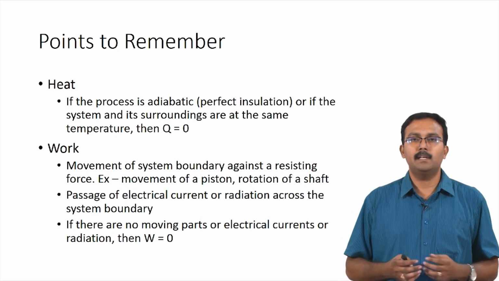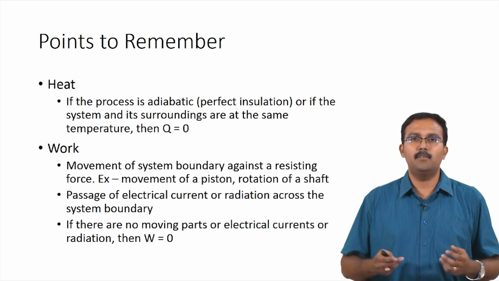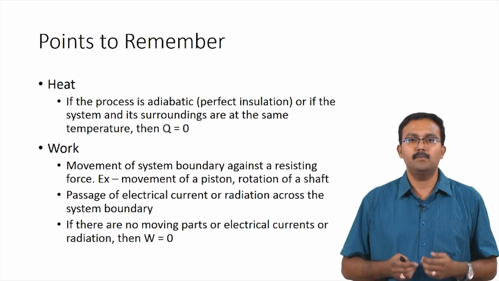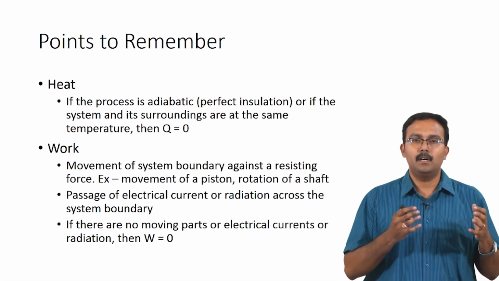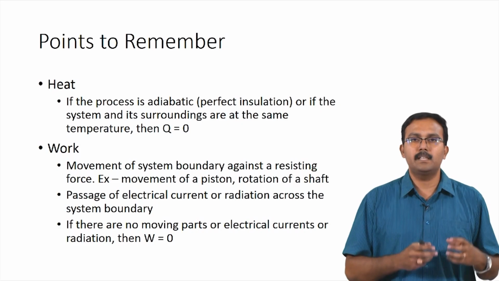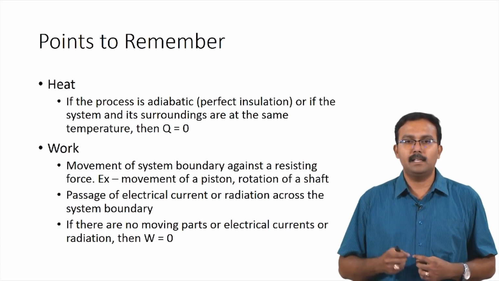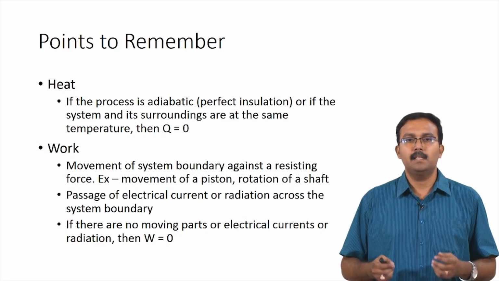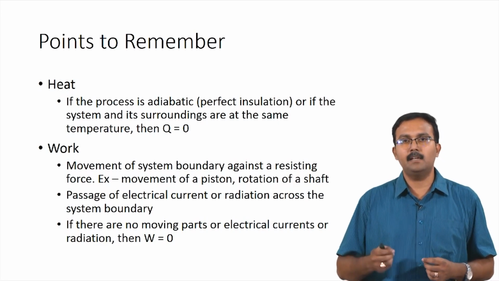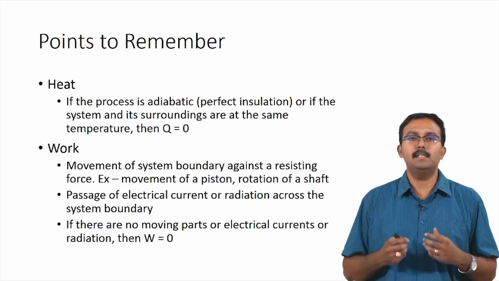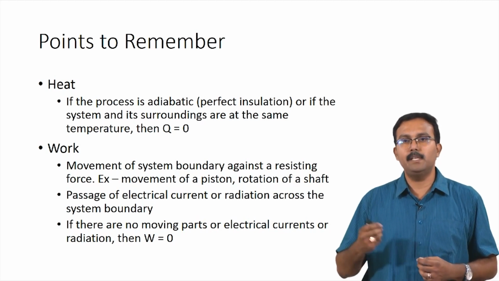As chemical and biochemical energies are primarily governed by thermal and mechanical energies, we will focus our goals and calculations within those parameters. If there are no moving parts or electrical currents or radiation in a system, then we would have to assume work done by the system or on the system to be 0. That would mean W would be 0.